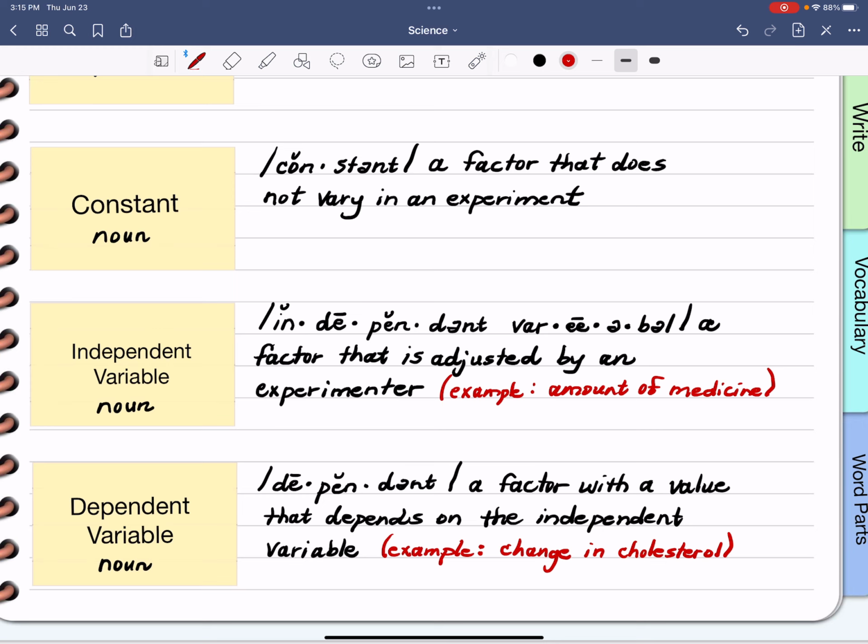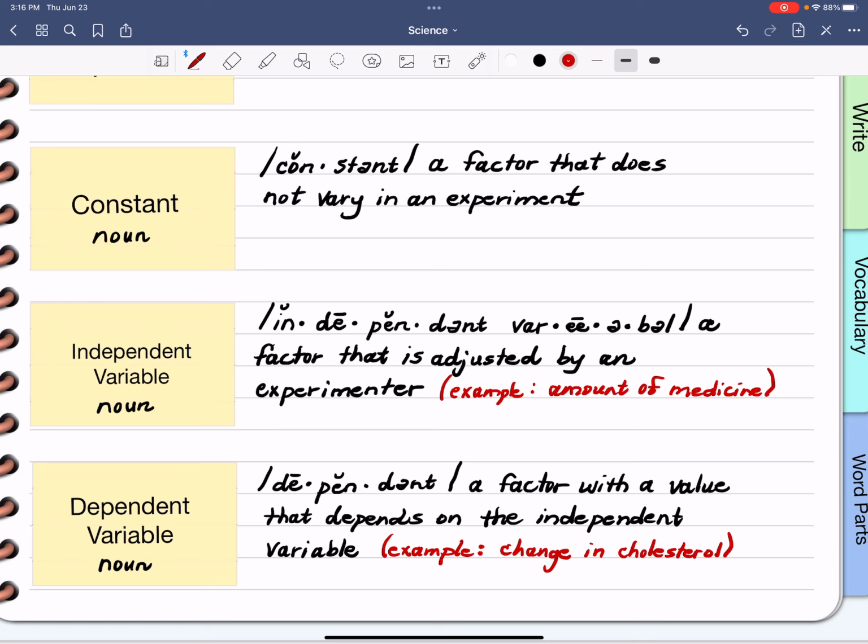Let's say that I buy some new plants for my deck. And I'm the experimenter, and the independent variable, the thing that I can control, is how much water I put in those plants every day. The dependent variable would be whether the plants live or die.